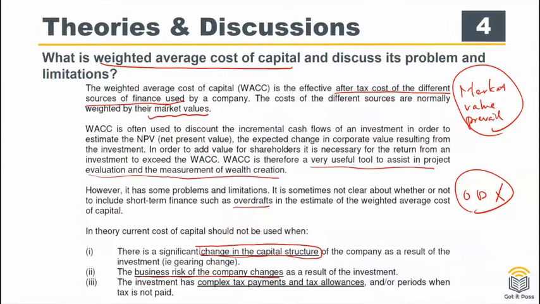So you have to estimate your project-specific cost of capital if you invest in a different industry from the one you are now working in. And if the investment has complex tax payments and tax allowances, then it is quite difficult to apply the WACC as well.